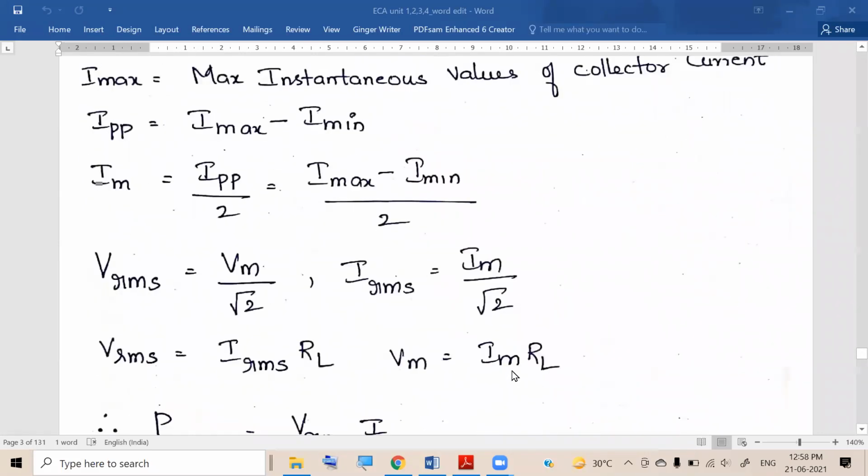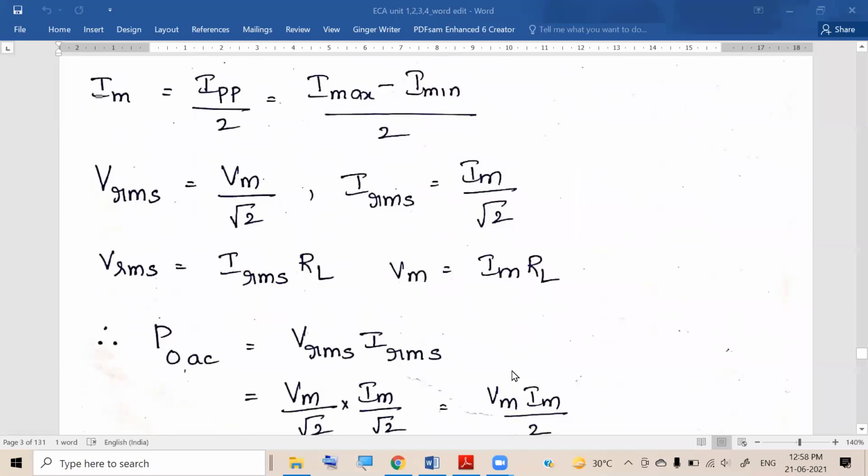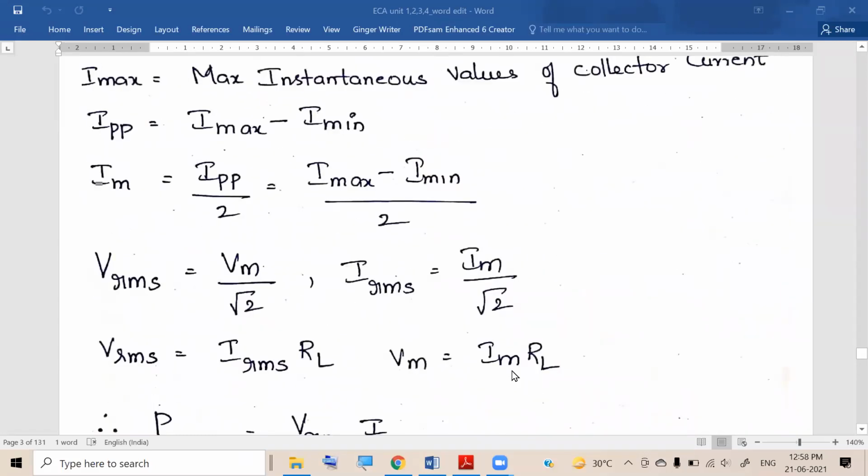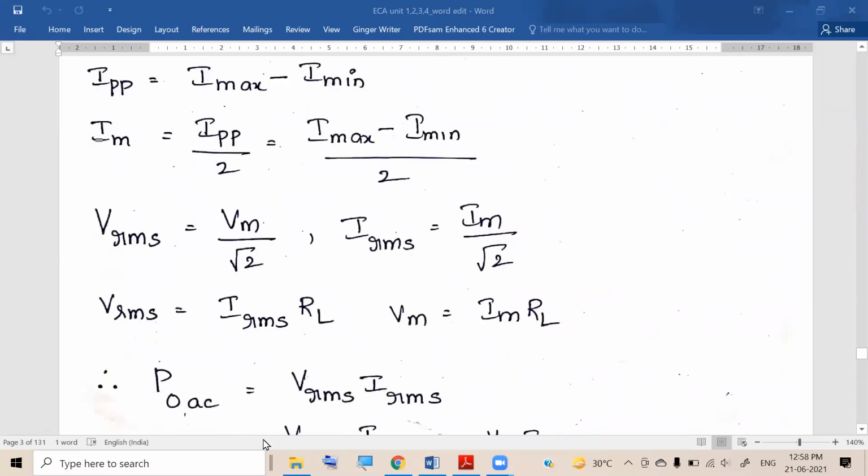Why we are dealing with this RMS value is because whenever we say output AC power, whenever we are dealing with AC signals, we have to consider the RMS value. We know that power is voltage into current.